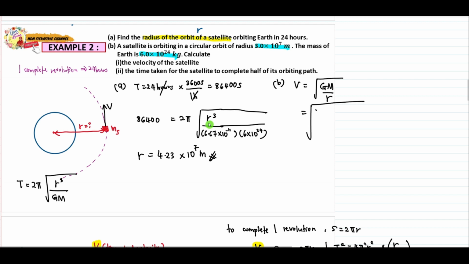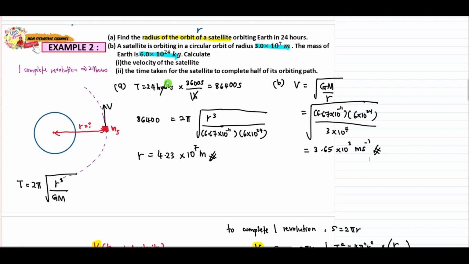Square root 6.67 exponent negative 11 times the mass of the earth, and r is also given. And then the answer is equal to 3.65 times 10 power of 3 meter per second. So for the answer, don't forget to put the correct unit, alright?